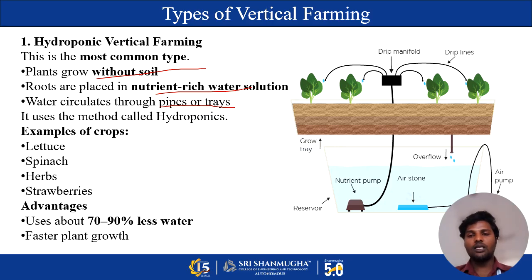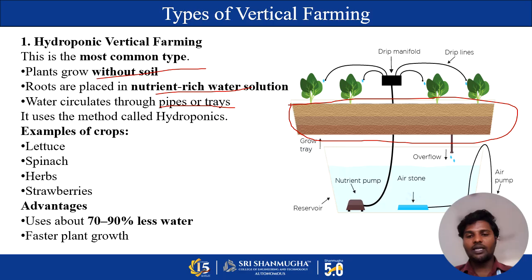On the upper side, the medium is given, in brown color, that supports the plant to stay upright against the wind, because wind gives force to the plant that makes it fall. So we give support to the plant. Here the trays support the plant.